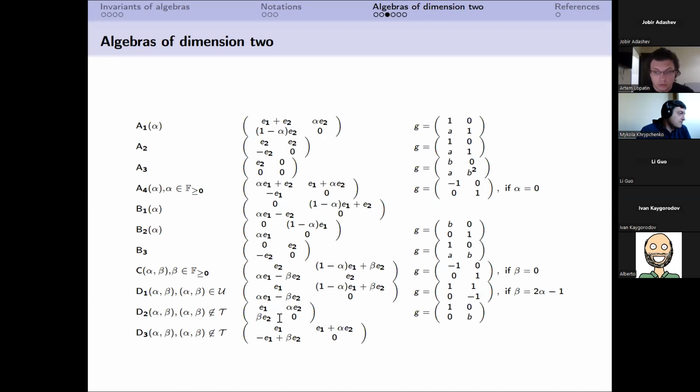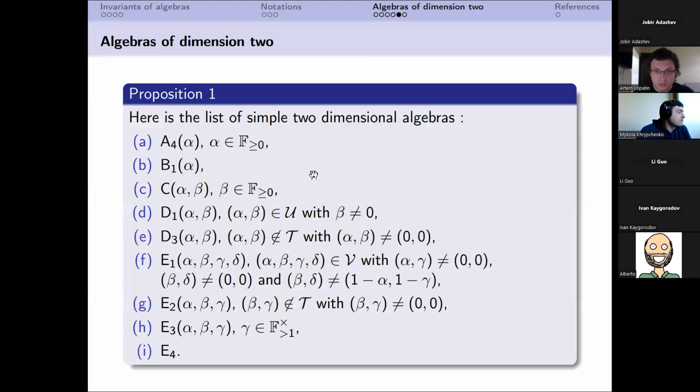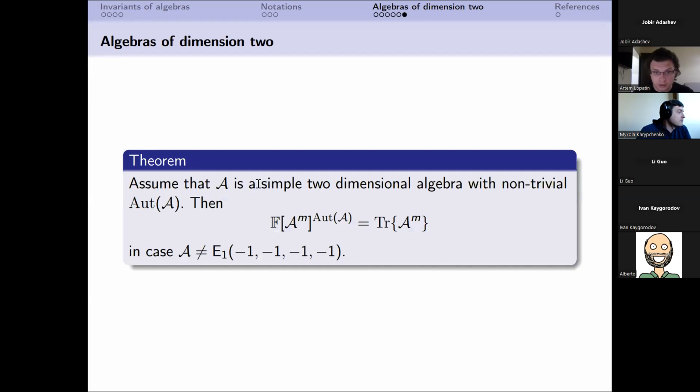But I don't have any counterexample, so the conjecture may hold for an arbitrary two-dimensional algebra with non-trivial group of automorphisms. Maybe the condition that it's simple we don't need, but I don't know. Yes, it's quite a long job because the list of algebras is very long. Okay, thank you.